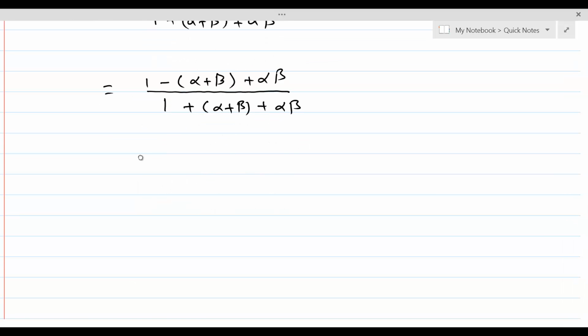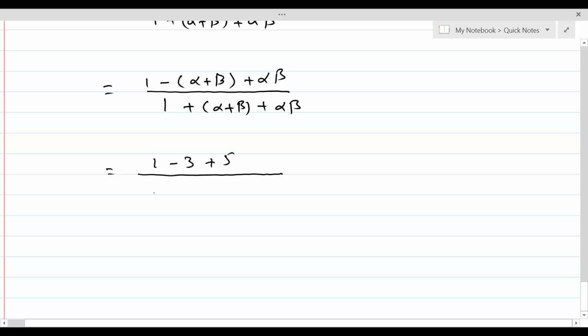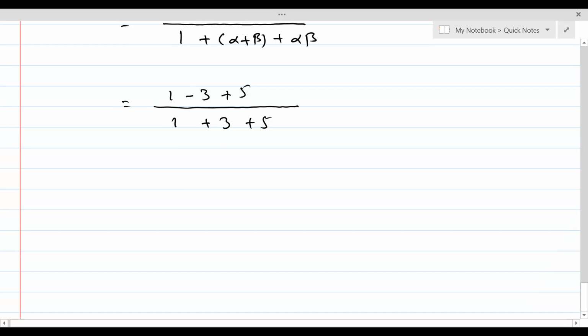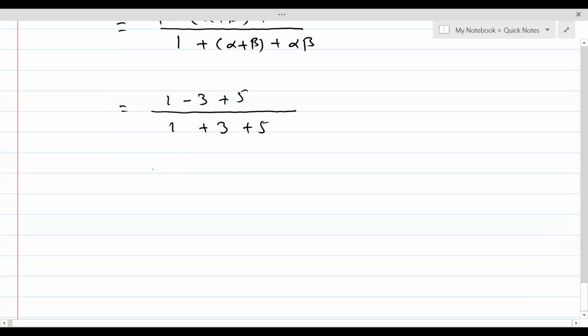So this will give us (1 minus 3 plus 5) over (1 plus 3 plus 5). So this is equal to 3 over 9, which means 1 over 3.